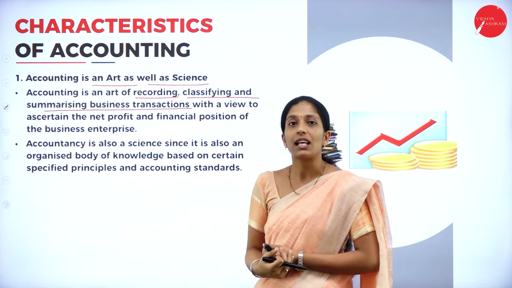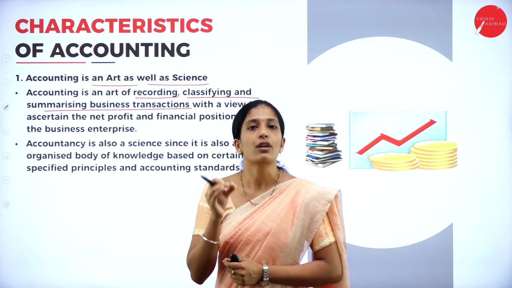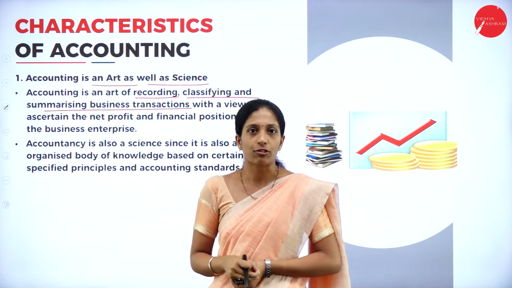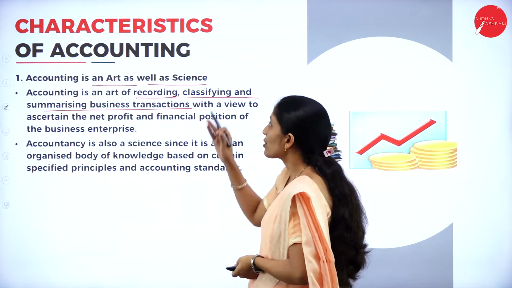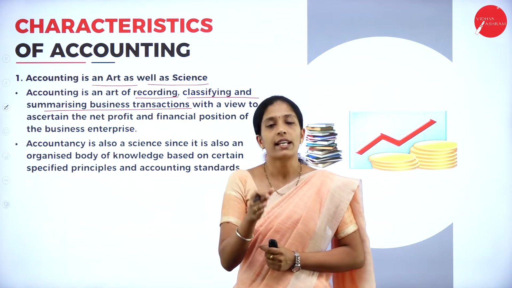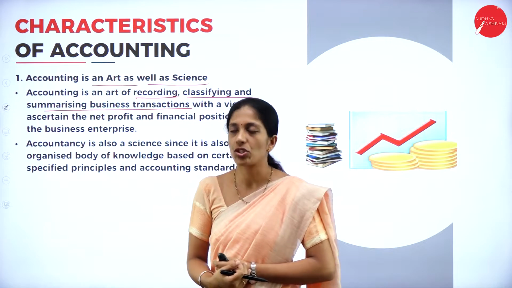So accounting is an art. Why is it called an art? Because it is the art of recording. We are going to record each and every transaction in the books of account. After recording, we will classify the transactions. Recording takes place in the journal and classification takes place in ledger accounts.